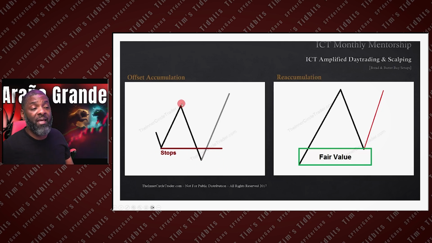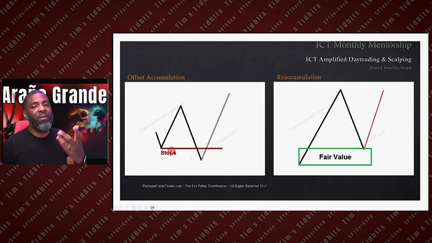It's just when the market sweeps stops. Judas swing, turtle soup, the Judas. That's all offset accumulation is. Reaccumulation is just a retracement back to fair value, like coming back to a fair value gap. That's all it is in simplest terms, right?